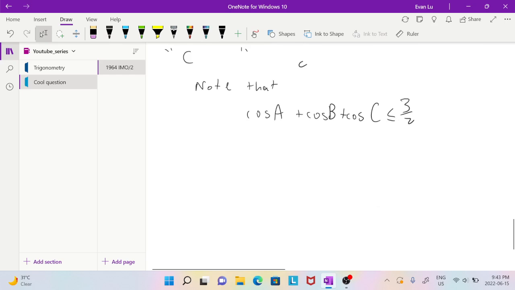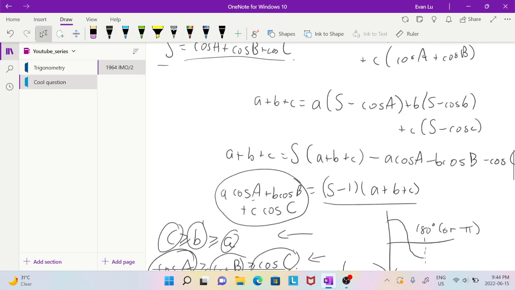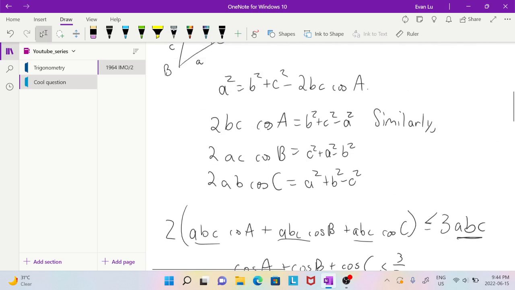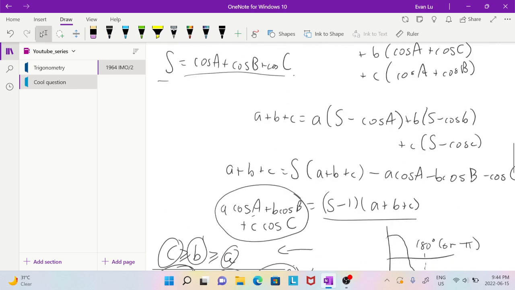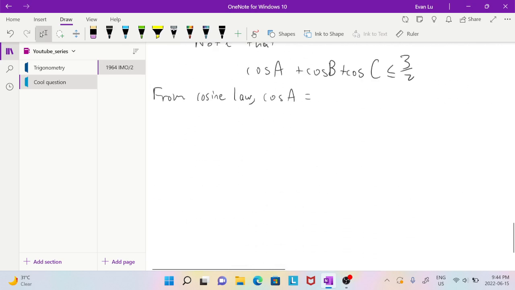Then we can say, from cosine law, cos A is equal to, and then we can just take a look at what it was equal to. So it would be equal to b squared plus c squared minus a squared divided by 2bc. So let's just write that down.